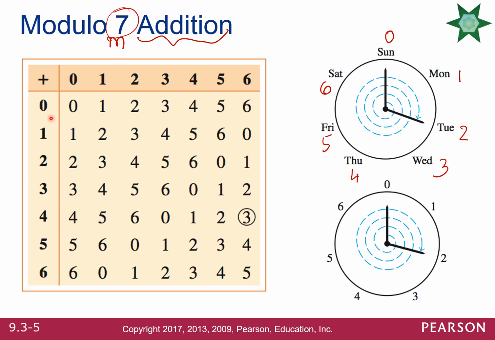And when we add, 0 plus 0 is a 0, 0 plus 1 is a 1, 0 plus 2 is a 2, and so on. So that covers all the additions in the modulo 7 system. All right, so we will be applying this table to some of the problems that are going to come up as we progress through this.